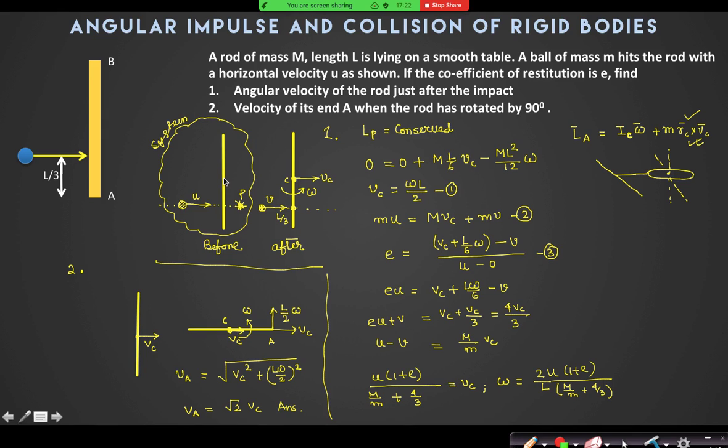If you take it inside the rod, then it will not be possible, because there is an impulsive force on the rod. So you cannot do it by taking only the center of mass of the rod. But if you take a point in space just below that center of mass, suppose this point, you can do it. Yes, you can do it.